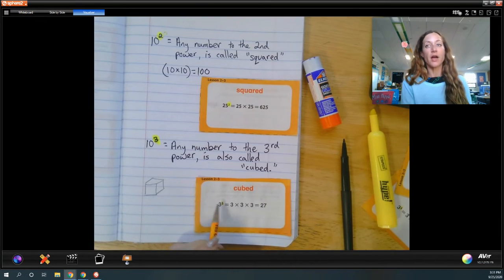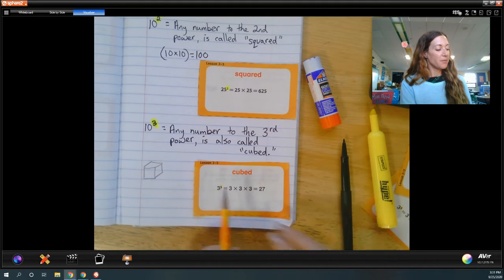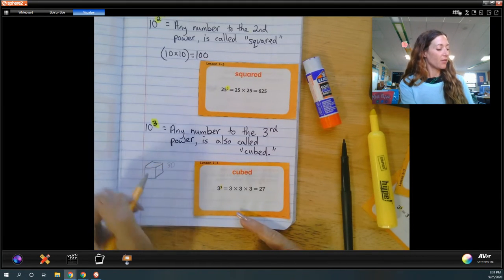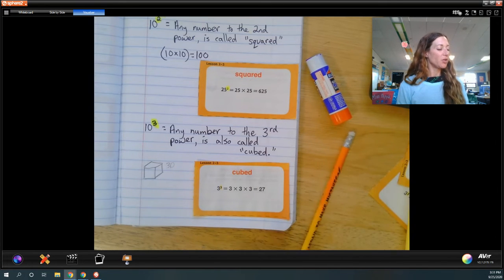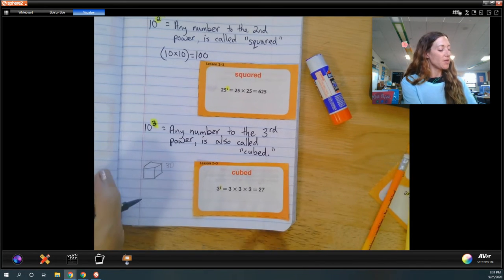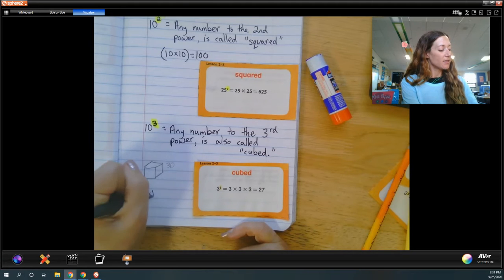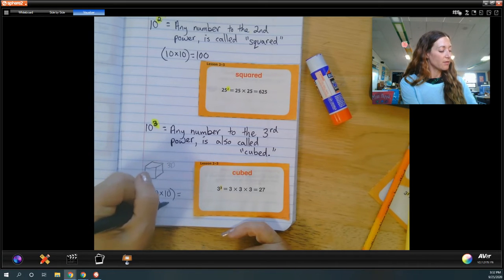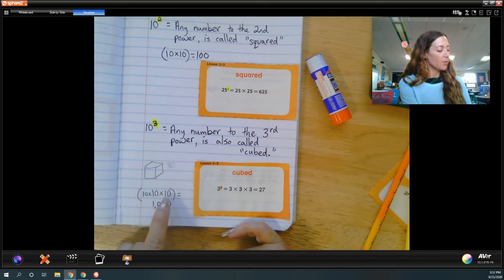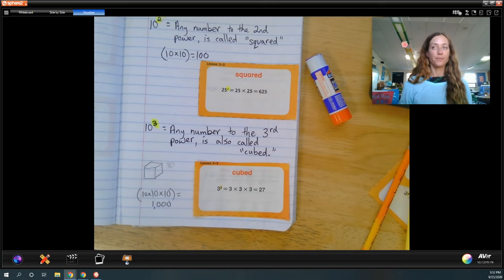That's a little trick I use to remember the 3. 3D. So any number to the third power is also called cubed. For example, this would be 10 times 10 times 10 for a total of 1,000. Count my zeros up. I know 1 times 1 times 1 is 1.